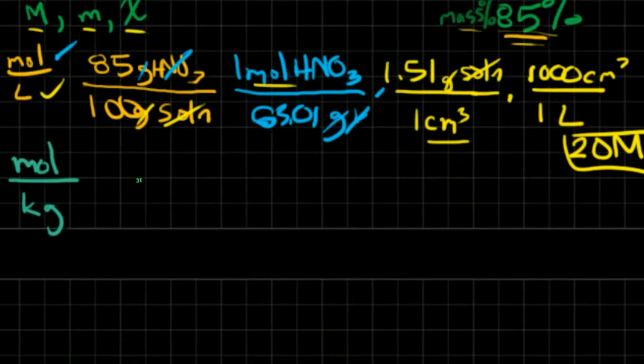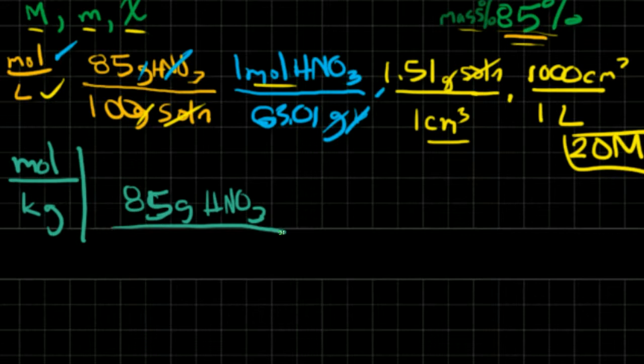So we could say that, for every 85 grams of nitric acid, there will be 15 grams of water, because I'm saying this is an aqueous solution.